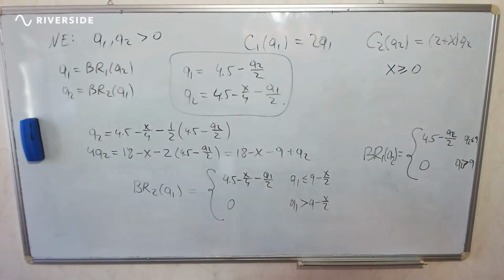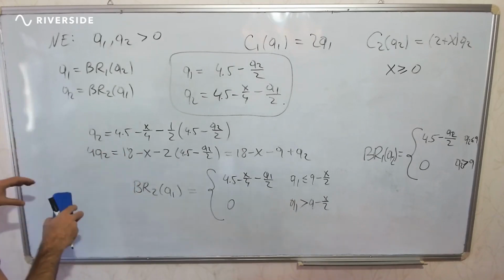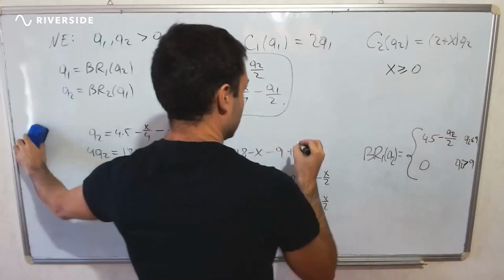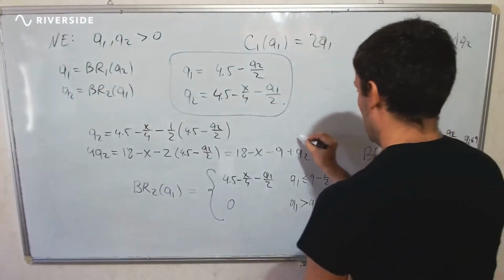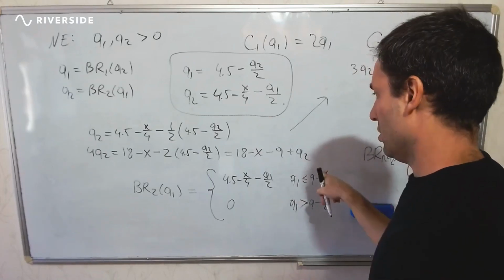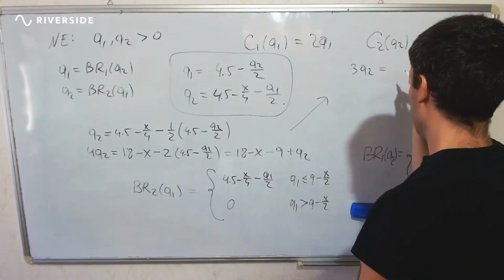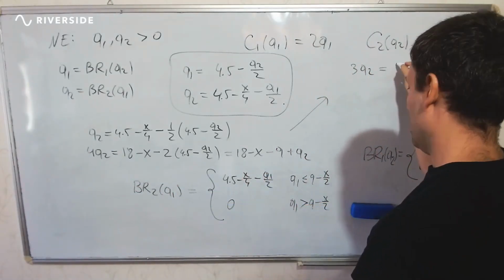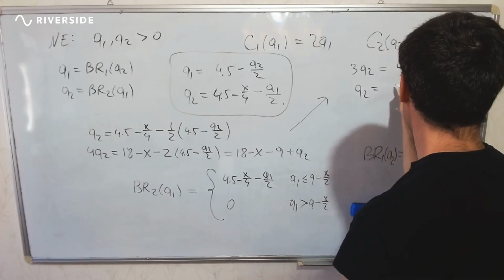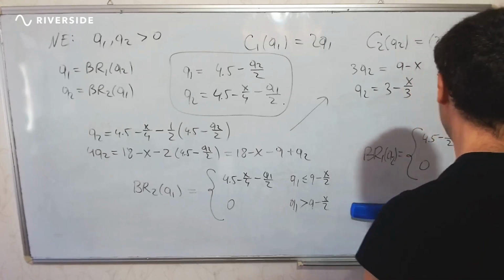And as a result, I get 3Q2 equals 9 minus x. So my Q2 is 3 minus x over 3.